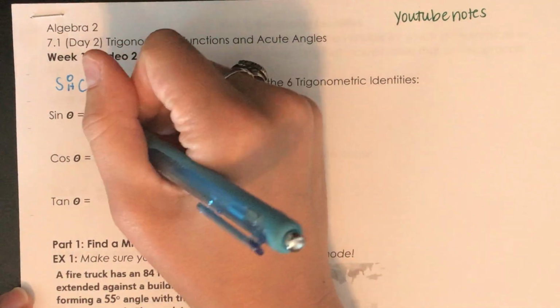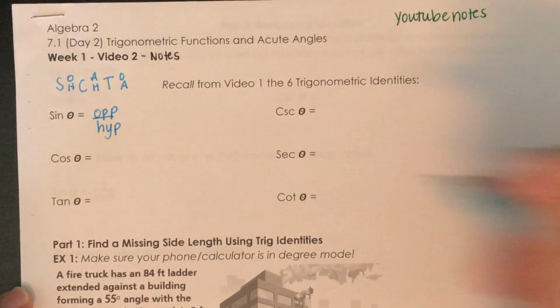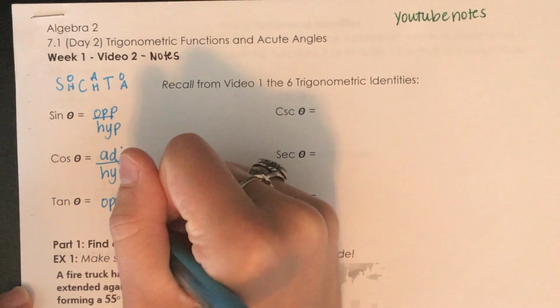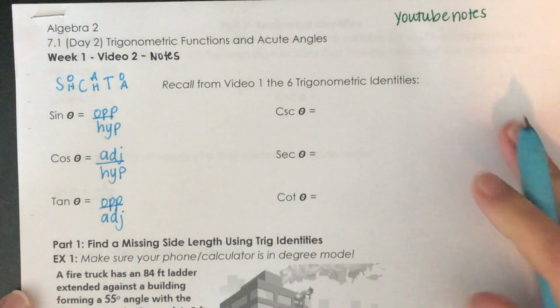So sine was opposite over hypotenuse. Cosine is adjacent over hypotenuse. And tangent was opposite over adjacent. Right, so that was SOHCAHTOA. Those are 6 that you remember.